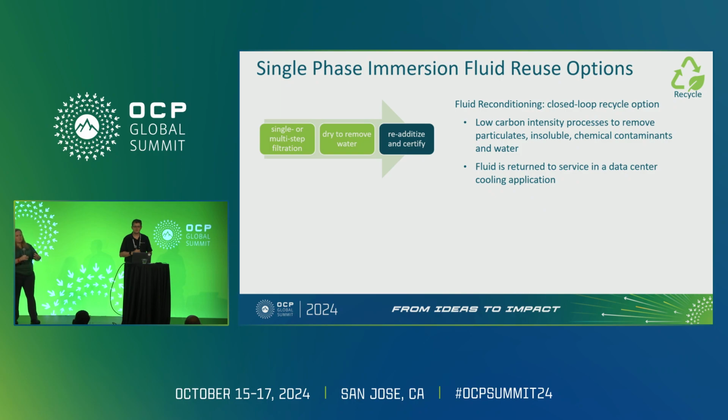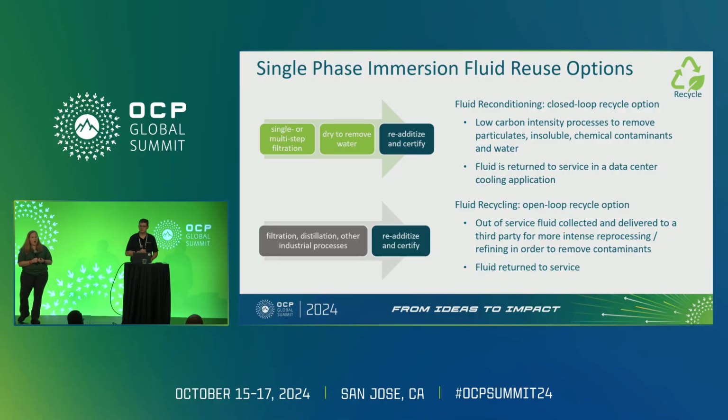The fluid provider or the fluid collector would then use not terribly carbon-intensive processes to filter and remove the contaminants that were introduced into the fluid through use, remove the water that was introduced through use, potentially re-additize that fluid, and then put it back into service as an immersion cooling application. Again, this would be the least carbon-intensive option and probably the most desirable option from a carbon counting perspective.